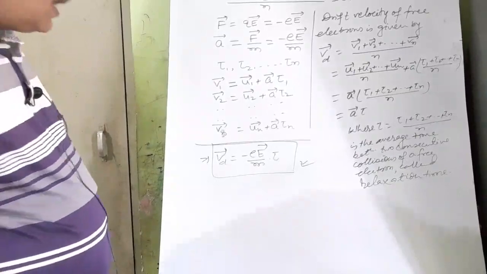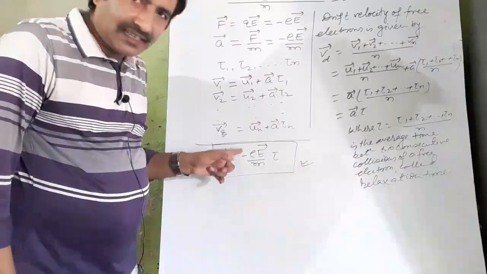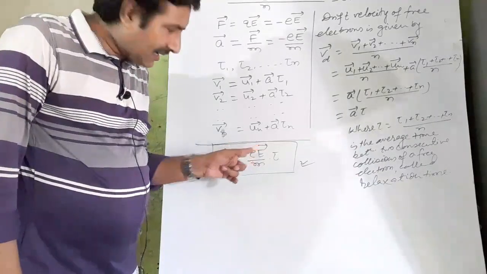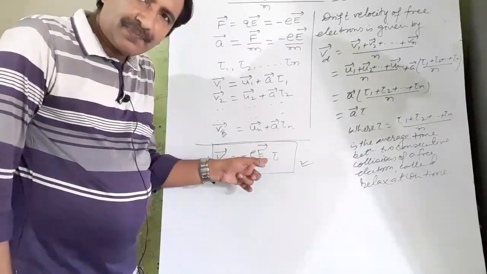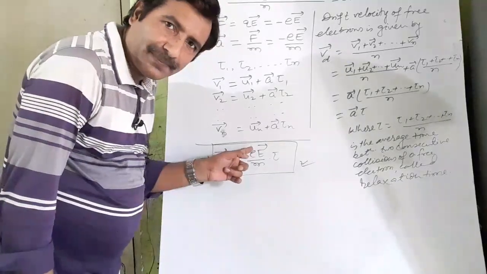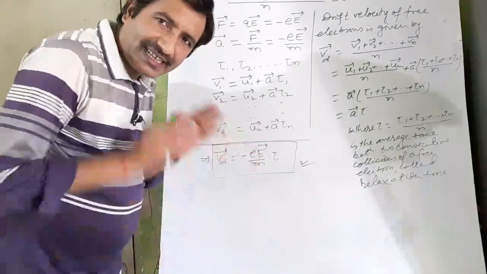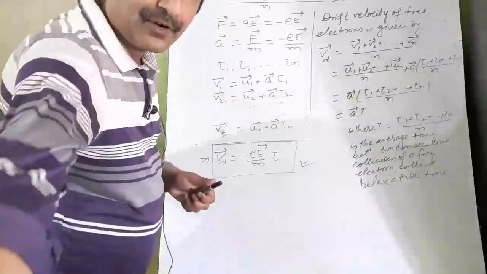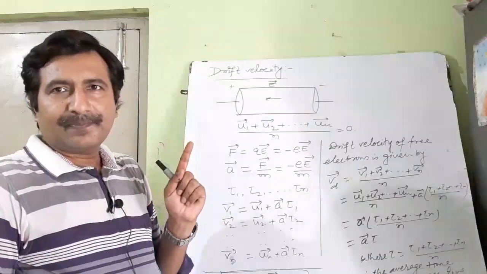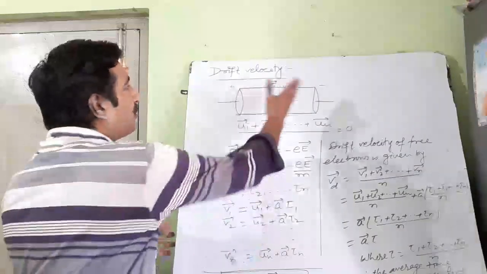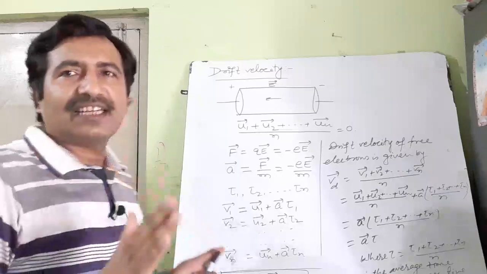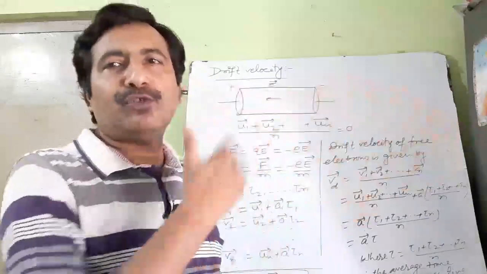Now you see, this has a negative sign. Here Vd is a vector and E is a vector, and the negative sign is with E. What does it mean? It means Vd is opposite to E. The electric field is from the positive to the negative end of the conductor, so drift velocity will be from the negative to the positive end, and you already know free electrons move from the negative to the positive end.